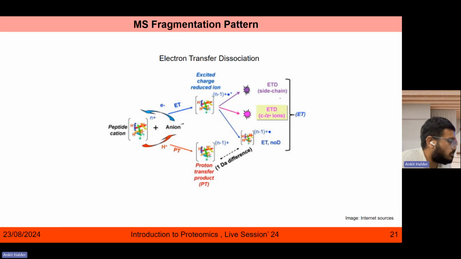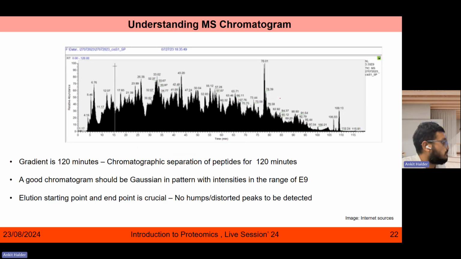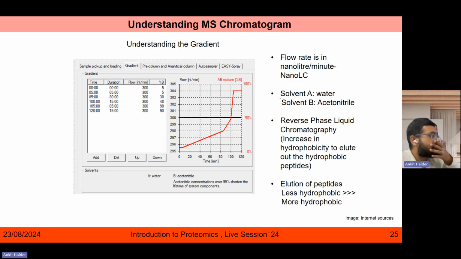But generally, the high resolution mass spectrometers employ collision induced dissociation, using noble and inert gases to fragment the precursor ions into product ions, MS1 to MS2, and finally you deduce the sequence of those peptides. Now we will understand the chromatogram, but before that, let us first understand the gradient.